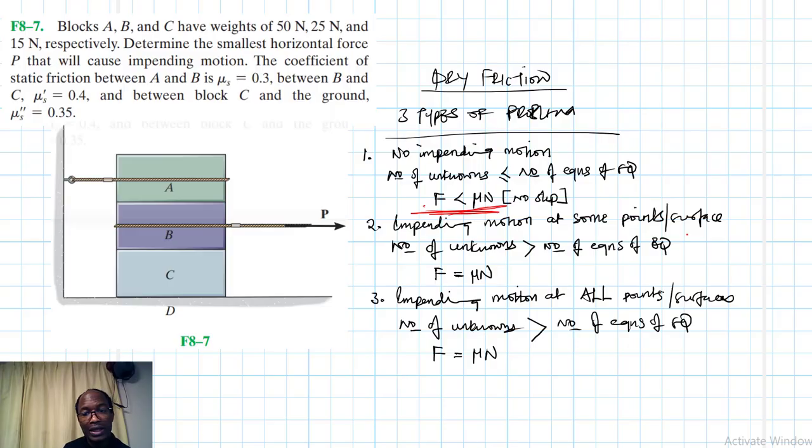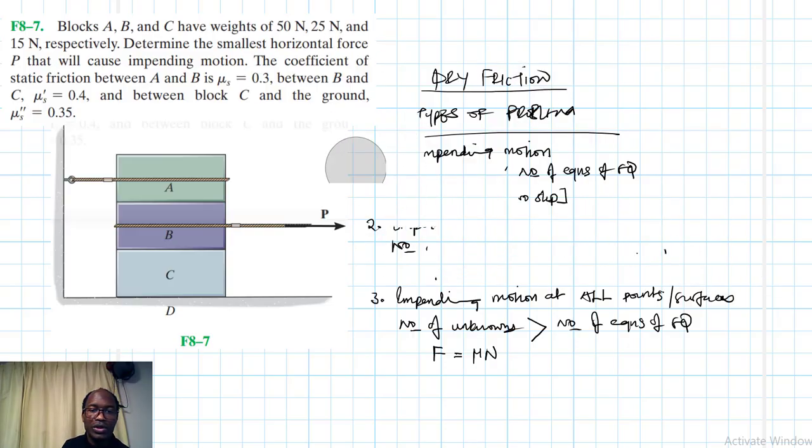Whereas in the second case, some points, we are forced to check for F less than mu S for the other points, the non-impending points that are not experiencing impending motion. So in a nutshell, this is what we are going to be dealing with.